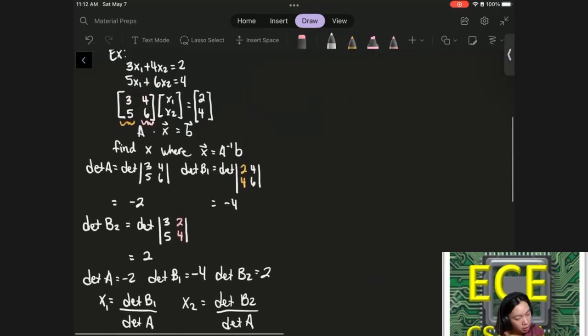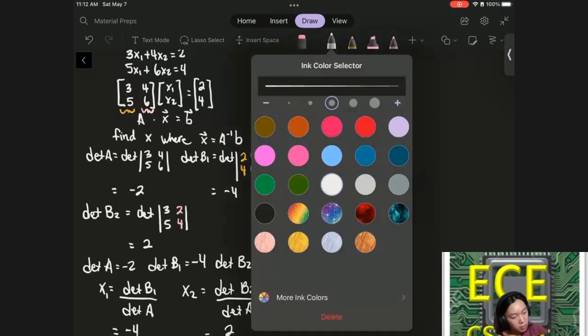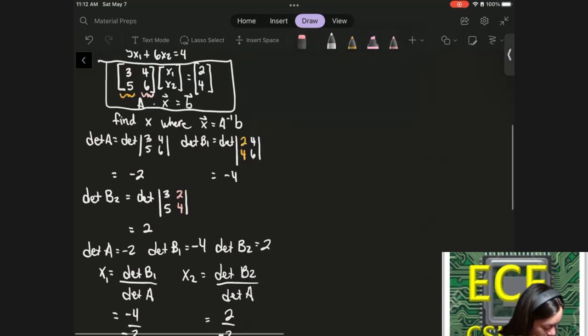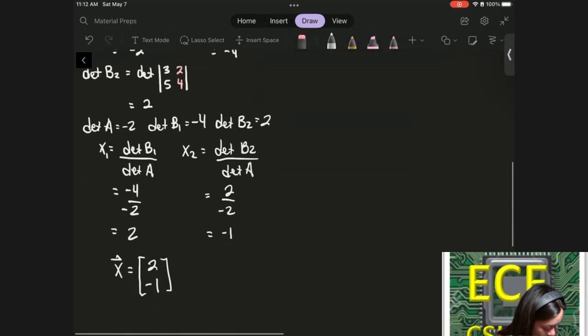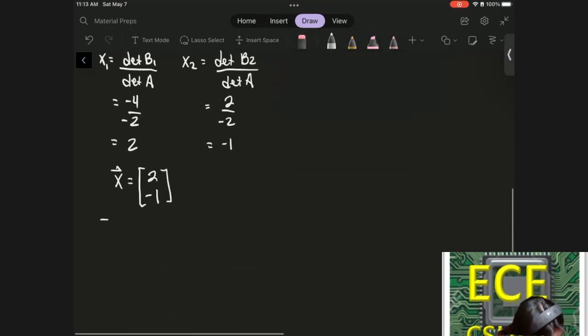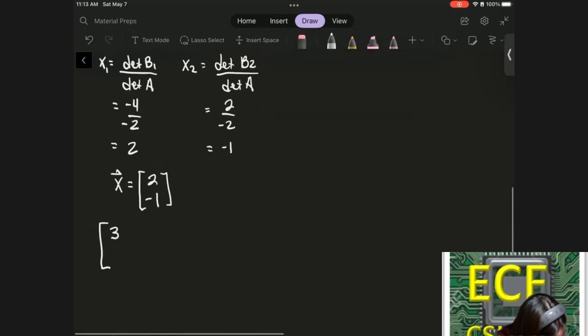And you can check it by plugging it back into this equation. So let's do that. The matrix 3, 4, 5, 6 times x, 2 and -1.